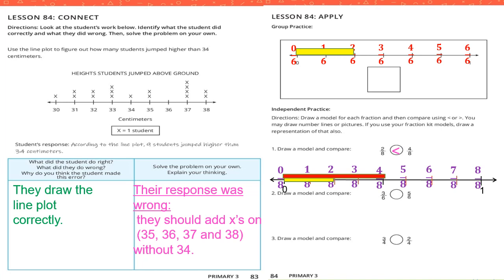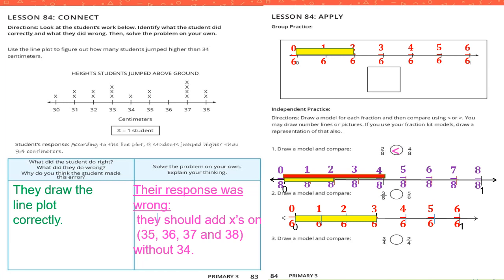The second way, the number line with the starting point 0 and the ending point 1, split into 6 equal parts. Label each dash in order. Let's locate 3 over 6 and 5 over 6.